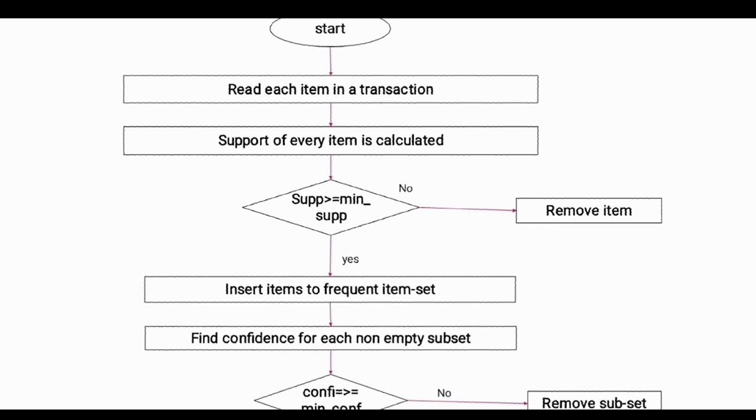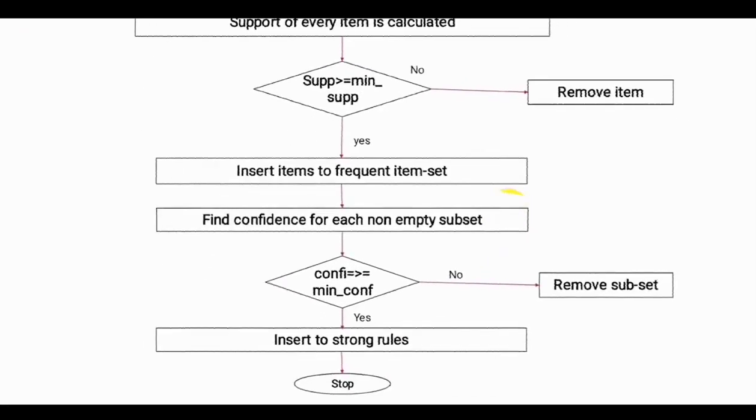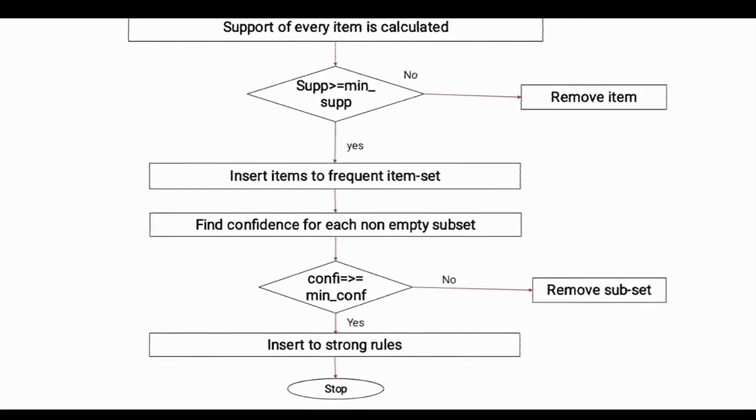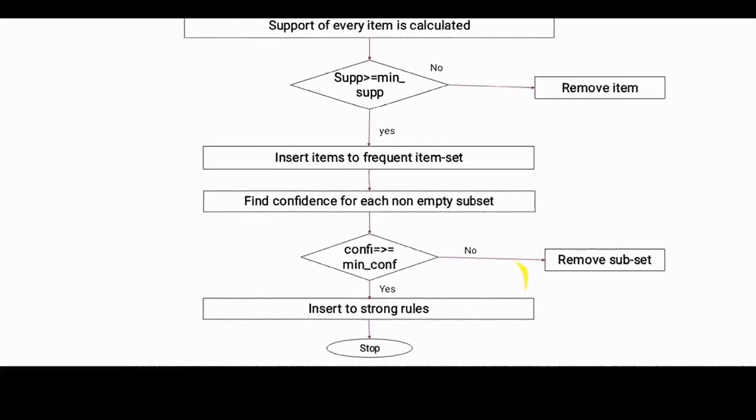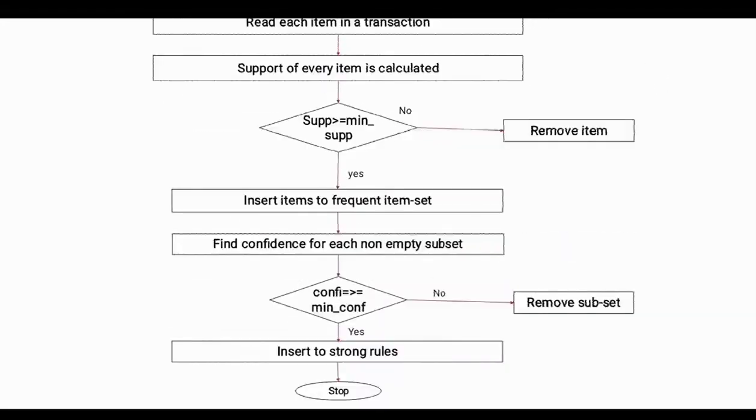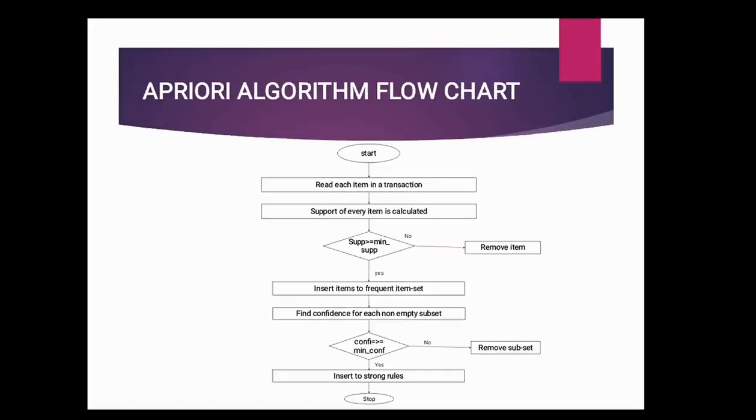If the item set is less than the minimum support, then we remove that item, and insert the items into the frequent item set. Now we have to find the confidence for each non-empty subset. We give the minimum confidence, and if the item is greater than the minimum confidence, we continue the process. If it is less than the minimum confidence, we remove the subset and stop.